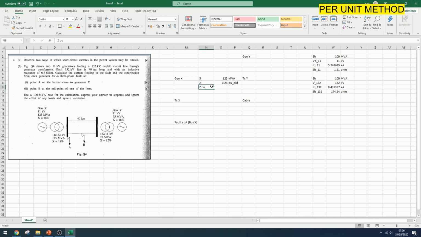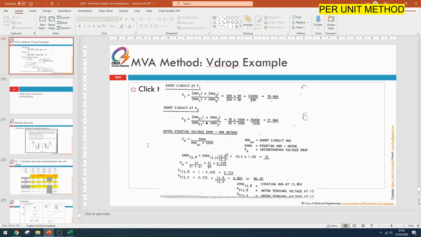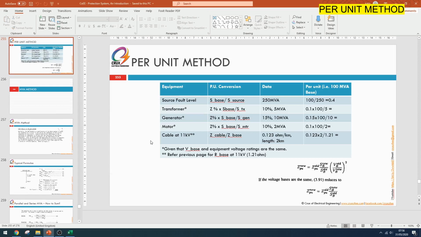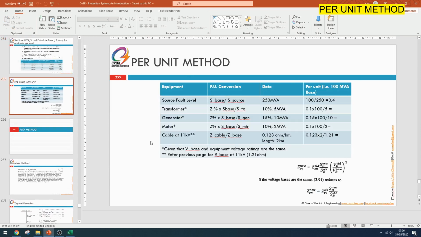So Z per unit new, Z old, this is per unit. So let's see the old formula. So remember this.